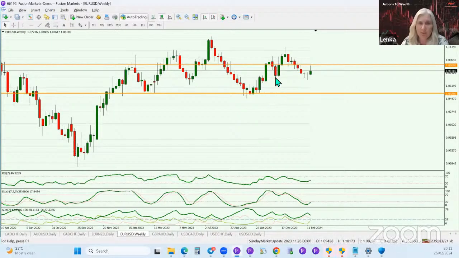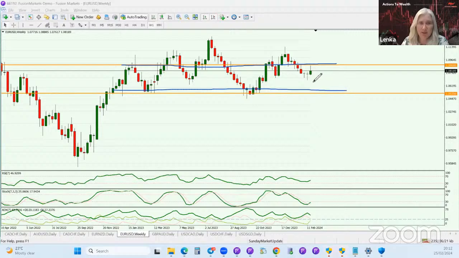On the weekly, we had a couple of closes underneath and a pin bar pushing off that area. Not a great setup because we also have this pin bar there. But in terms of where we are with the price structure and being back inside that previous ranging market, I'm looking for that to go lower.